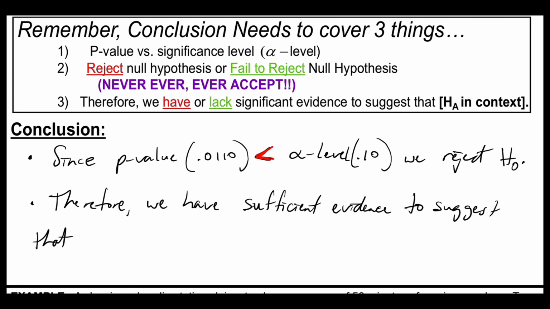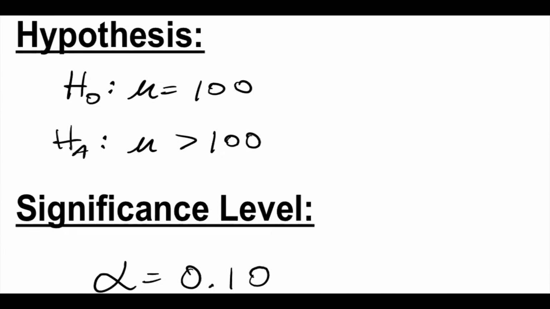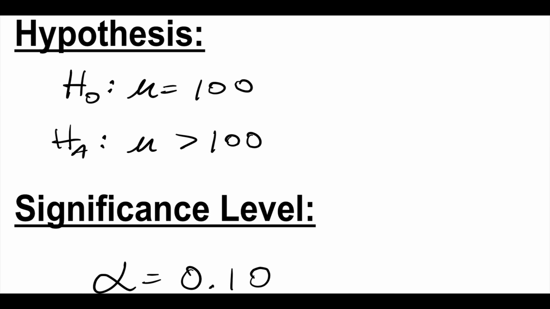So let's go back to the alternative hypothesis. Our alternative hypothesis was that this is actually bigger than 100.